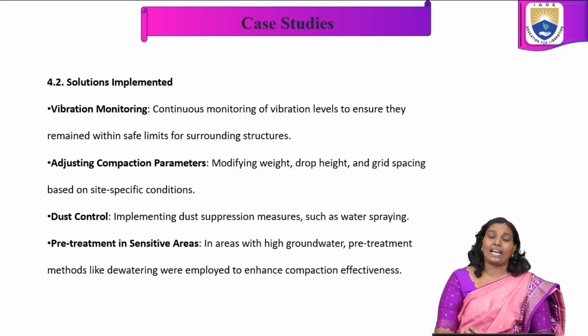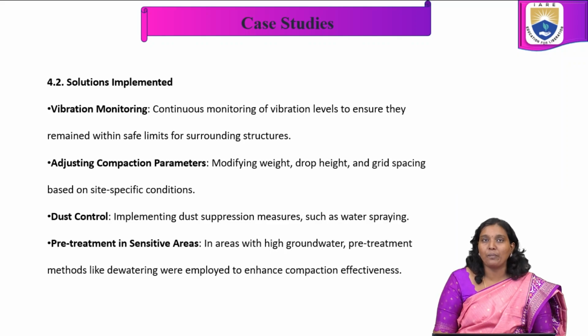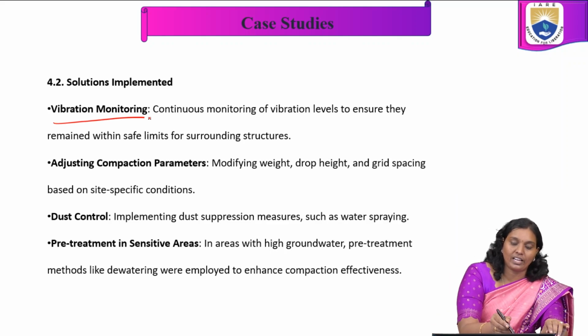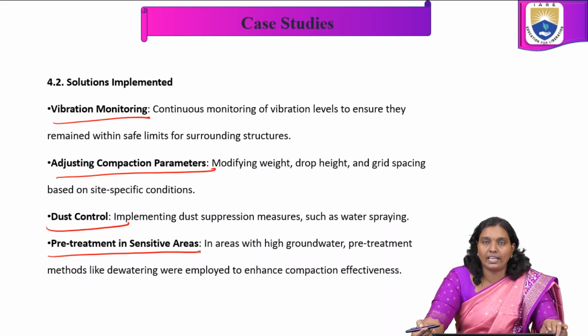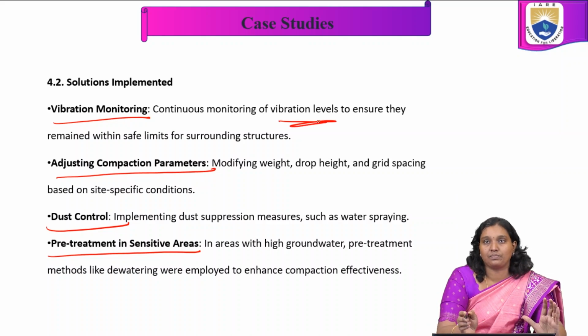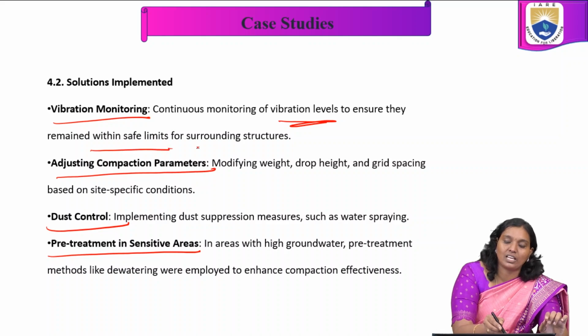What kind of solutions are we going to implement? Vibration monitoring, adjusting compaction parameters, dust control and pre-treatment in sensitive areas. Because of this vibration, the nearby structures are going to be affected. So we need continuous monitoring of the vibration levels to ensure they remain within the safe limits of surrounding structures.